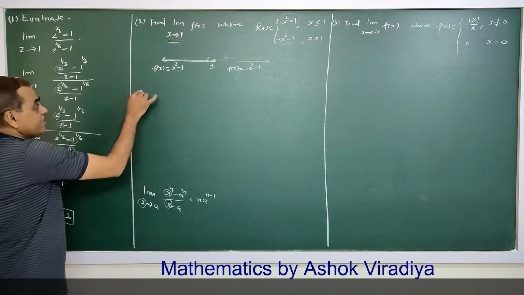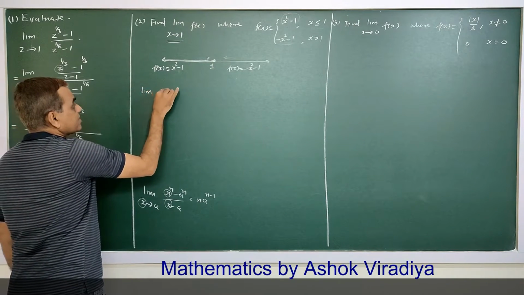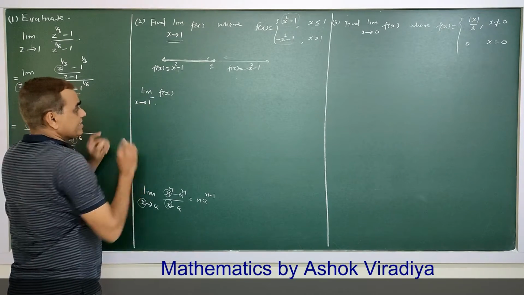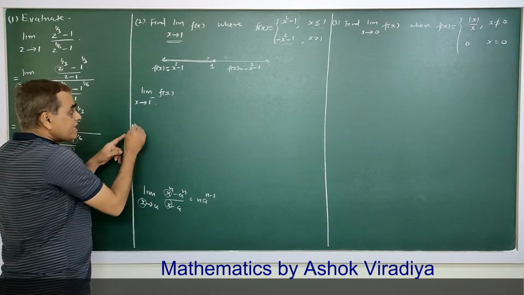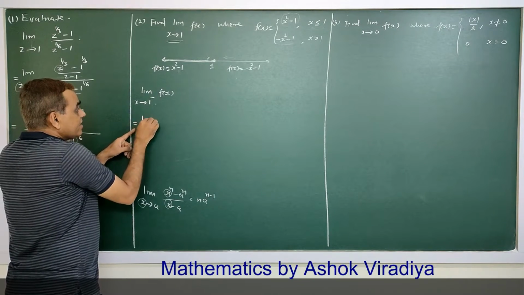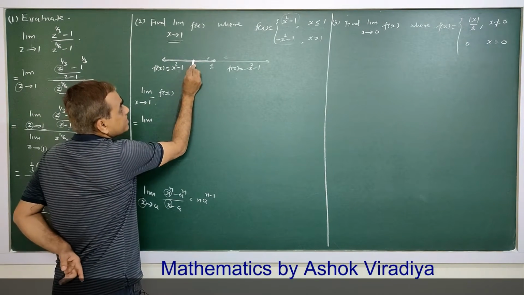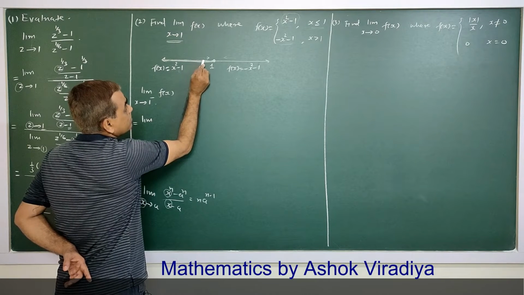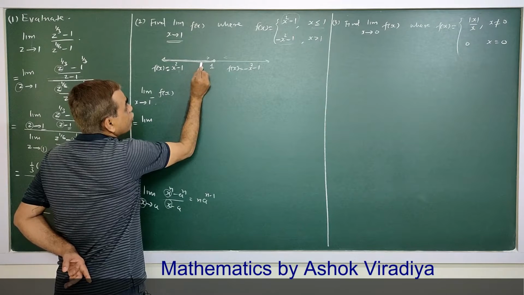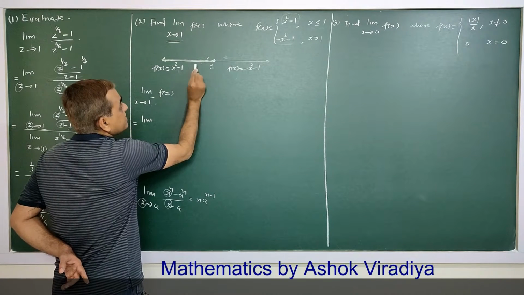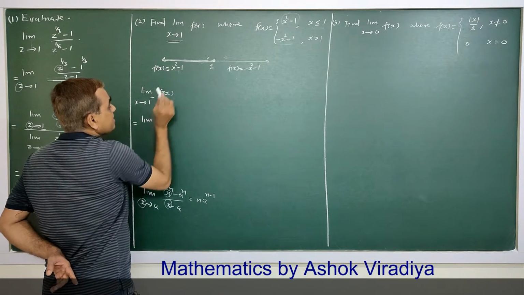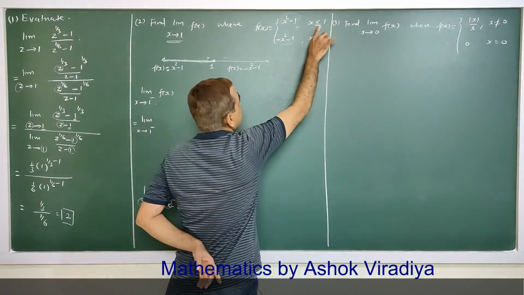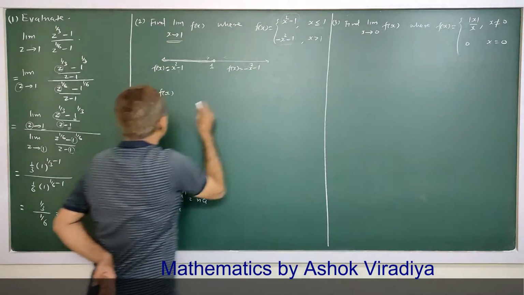So here we find the left hand limit of f(x), x tends to 1 from the left side. That means x is coming nearer and nearer towards 1 from the left, from this side. So here all values of x are less than 1, and if x is less than 1, f(x) is x square minus 1.